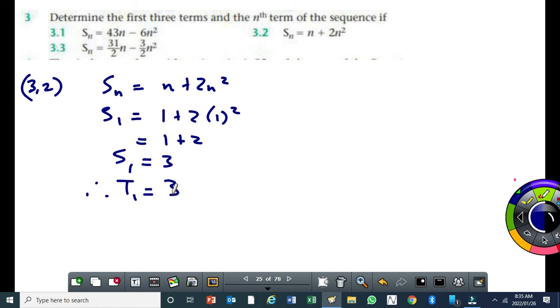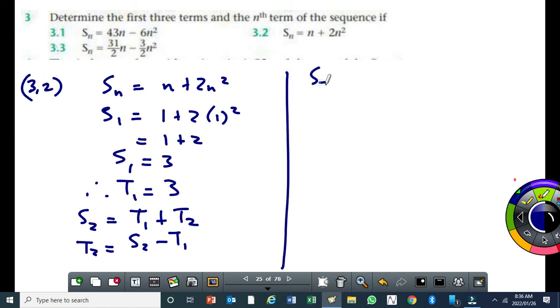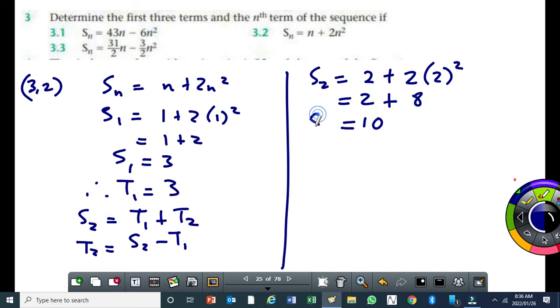Alright? Then, if I want to find S2, it's going to be equal to T1 plus T2. Okay? So, T2 will be equal to S2 minus T1. In this case, our S2, we don't know it. Right? So, let's find S2. Okay? So, S2 will be equal to 2 plus 2 times 2 squared. You get 2 plus 8, and that will give you 10.